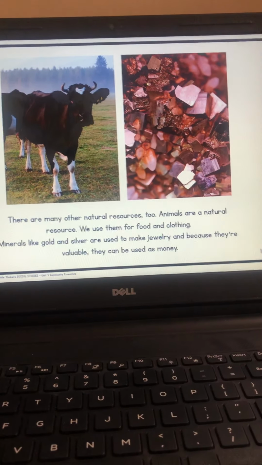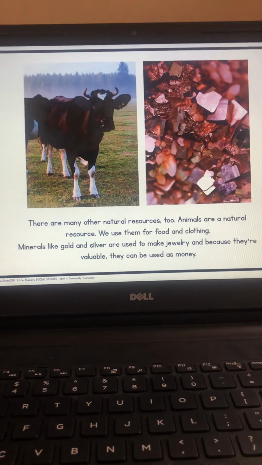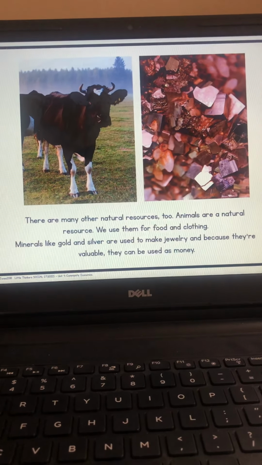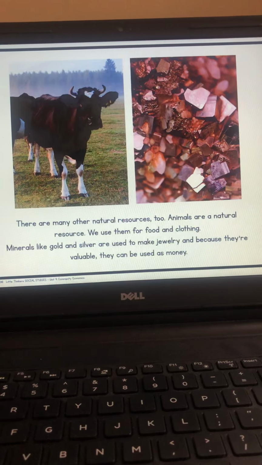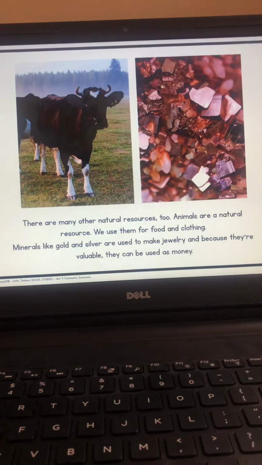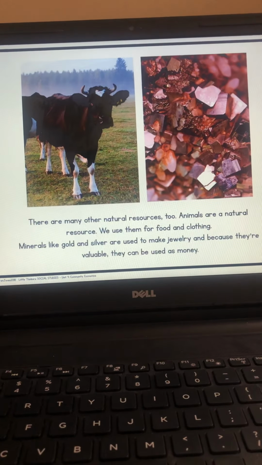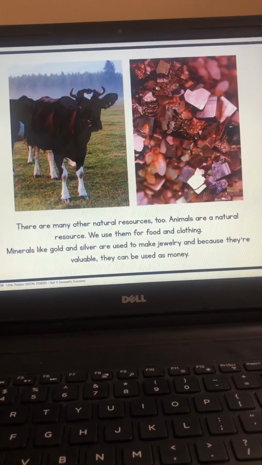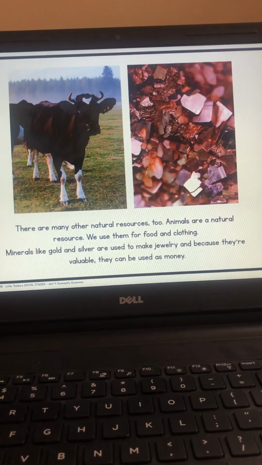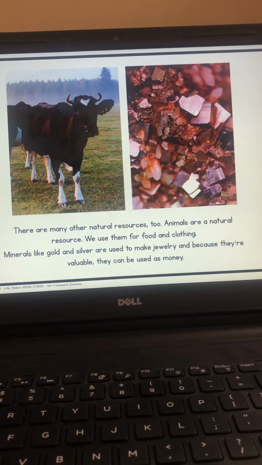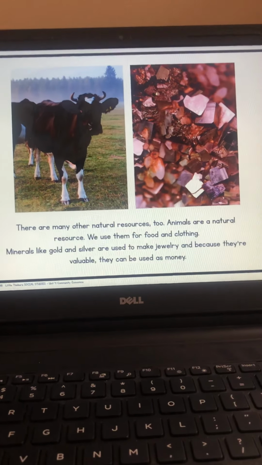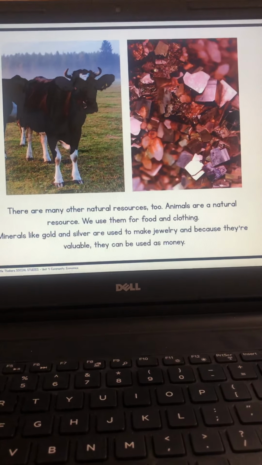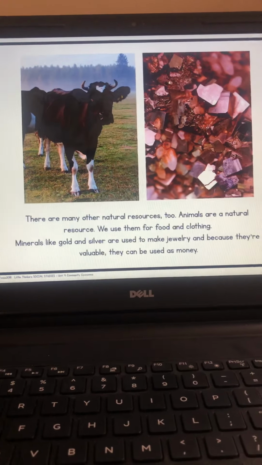And back before people had money, sometimes they would use gold, and that's how they would pay for things a long time ago. Or maybe they'd pay for things with diamonds or other jewelry. Gold, diamond, and most jewelry actually come from rocks. And rocks, as we know, are not made by humans. They're natural resources.